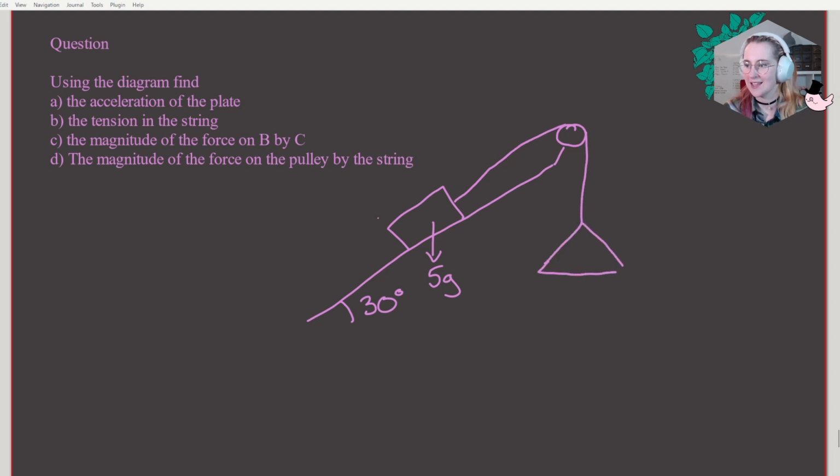We have a light inextensible string. We have a plate upon which rests 2 things. So this is block A, this is block B, this is block C. Oh, I'm writing behind my head again. My bad.